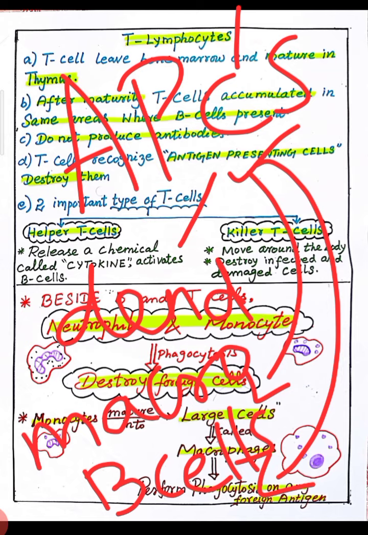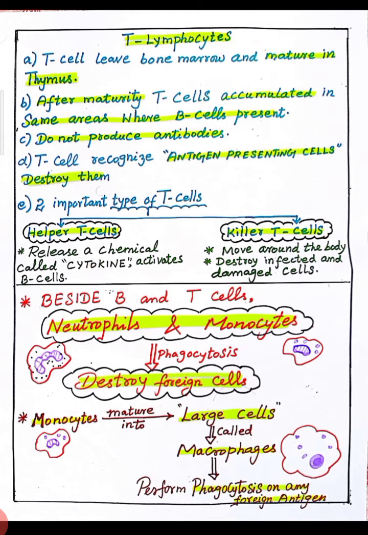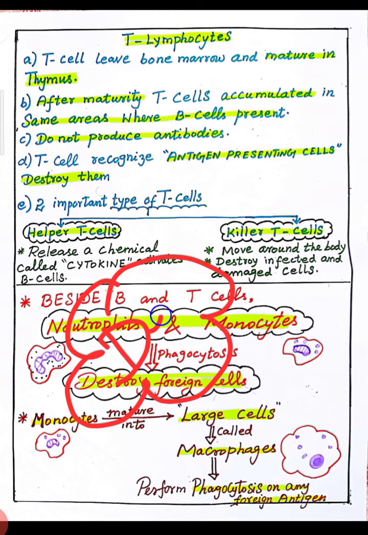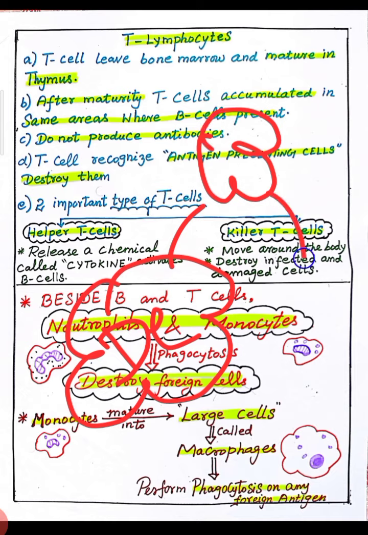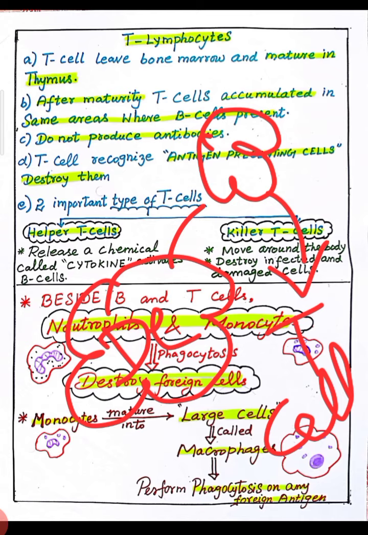Miss, what will it function? You are telling that they act like antigen presenting cells. Simple, they present antigen. Imagine this is a dendritic cell. This dendritic cell presents the antigen to our T cell. So the T cell recognizes the antigen presenting cell, then destroys the antigen.